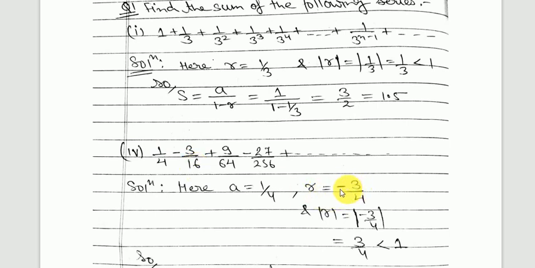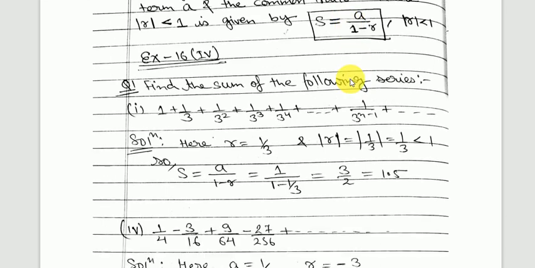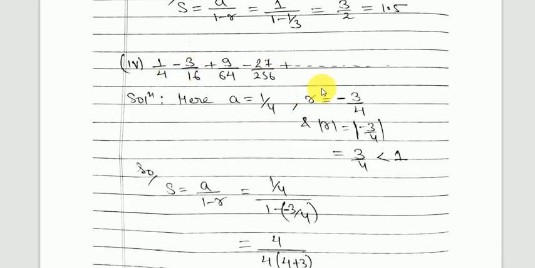Now if you take the absolute value, considering it without the negative sign, it is 3 by 4 and it is less than 1. So we can use this formula to find the sum of this series. You just substitute the values and you'll get the answer.